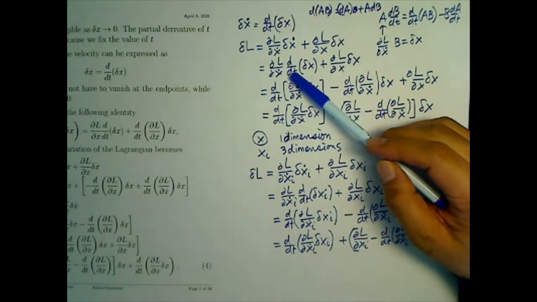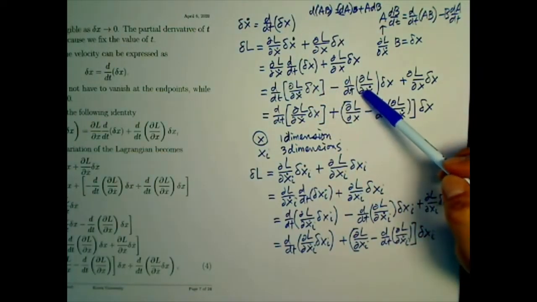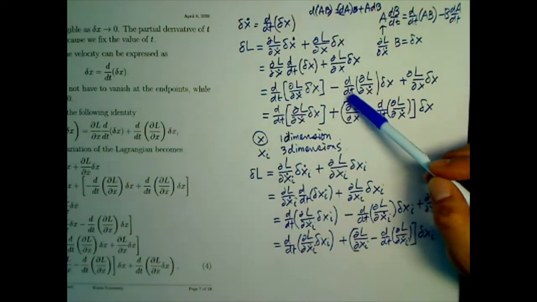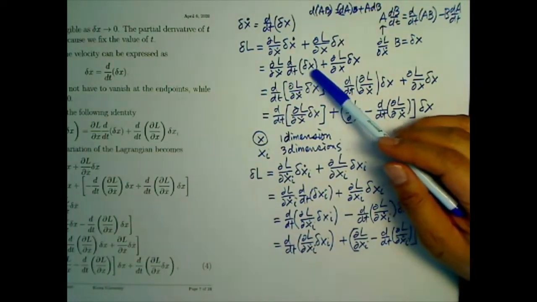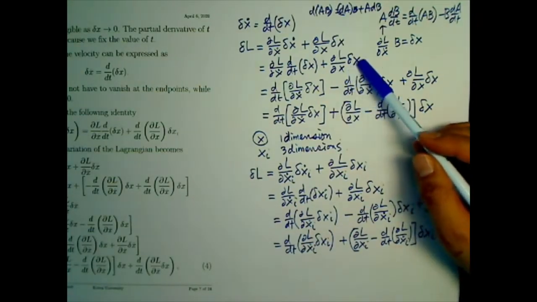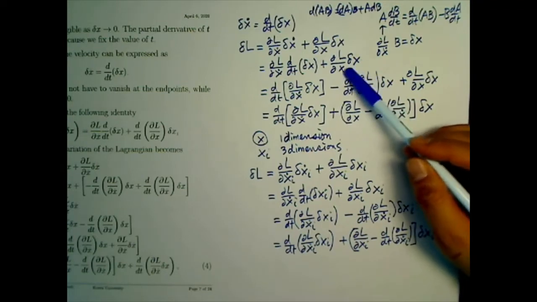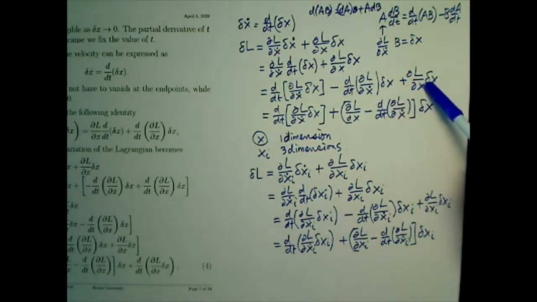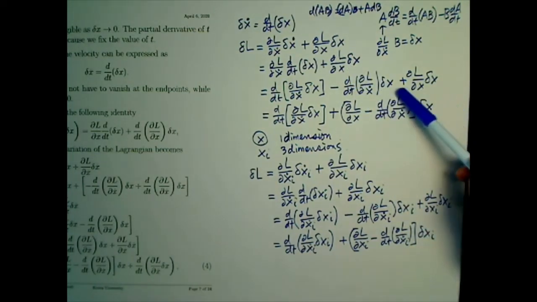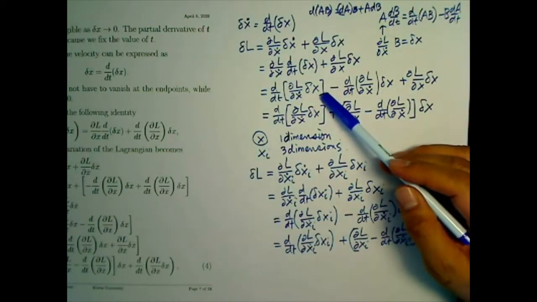And now we move this derivative to this conjugate momentum: minus the conjugate momentum's time derivative. Now delta x, the variation, is pulled out from the derivative, and then we have the variation of the Lagrangian with respect to x. These two terms are proportional to the variation delta x. So we combine these two and leave the total derivative term in here.